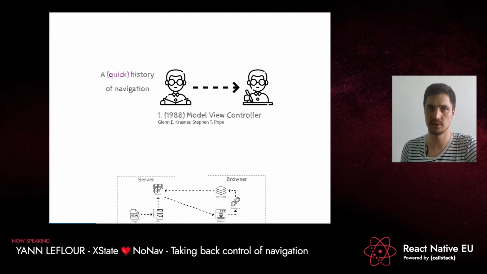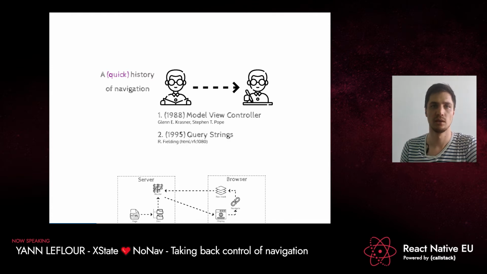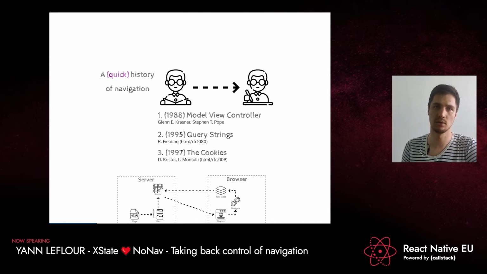The first one was the definition of the MVC pattern in 1988. The second one was the proposal of the query string standard starting in 1995. And the last one was the proposal of the cookies standard starting in 1997.